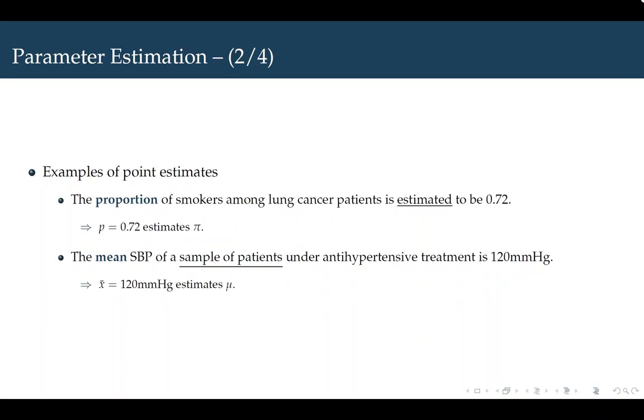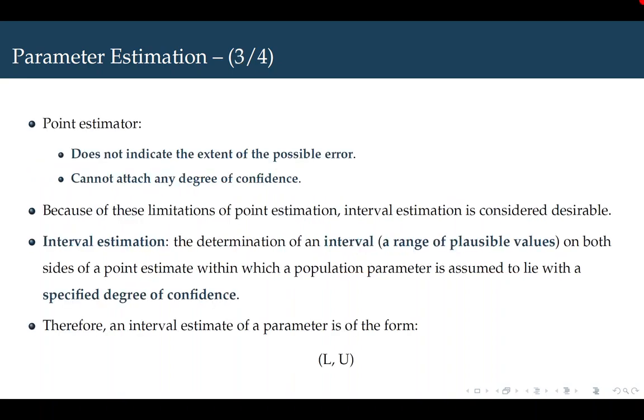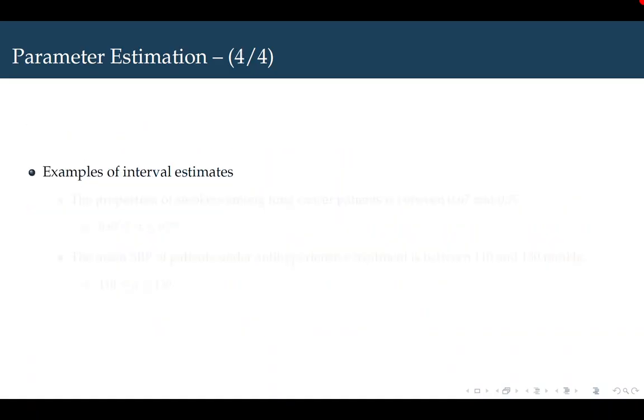Therefore, instead of point estimates, it's better to consider an interval estimate, and the process is called interval estimation: finding a certain range of values within which our parameter of interest is going to lie. So now let's consider examples of interval estimates.